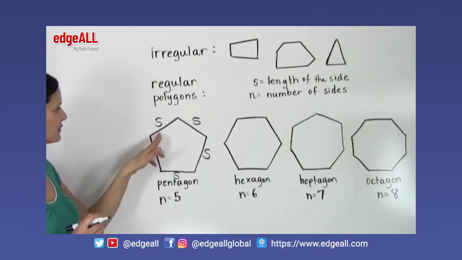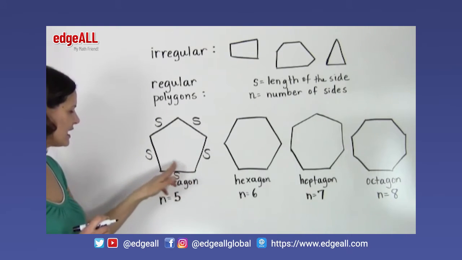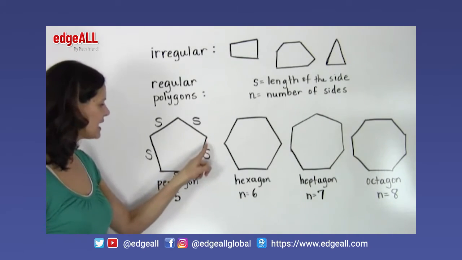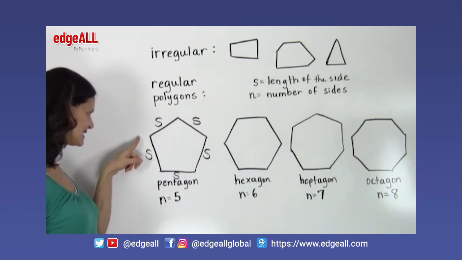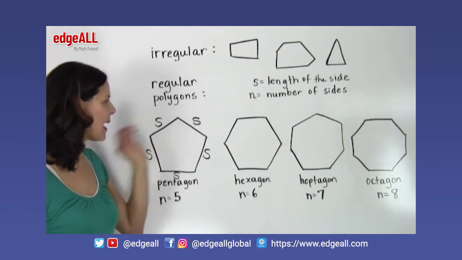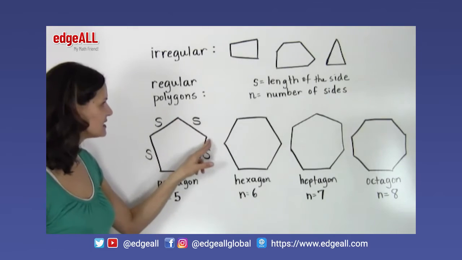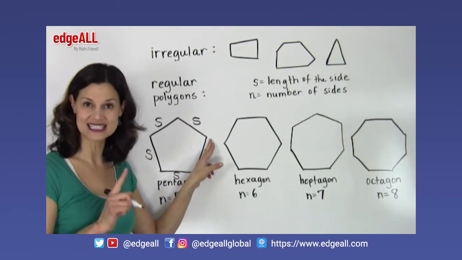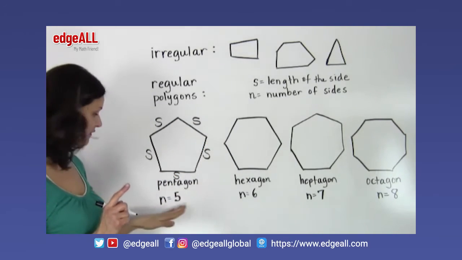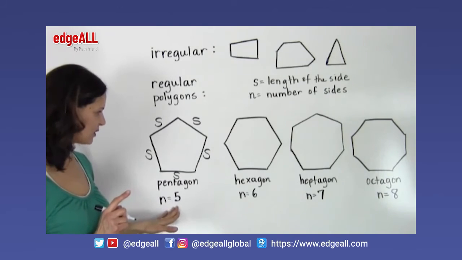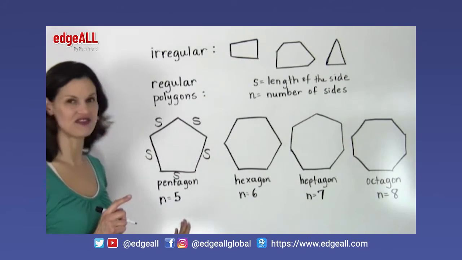And so if I'm trying to find the perimeter of this, I could go S plus S plus S plus S plus S, but I could also look at it as S, or the length of one side, times 5, the number of sides in my figure.